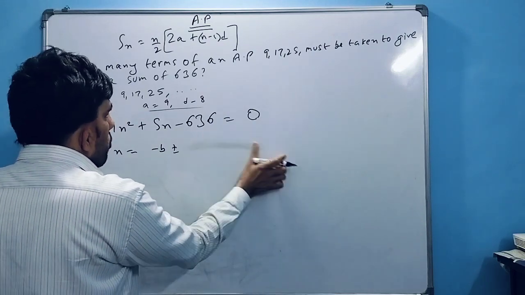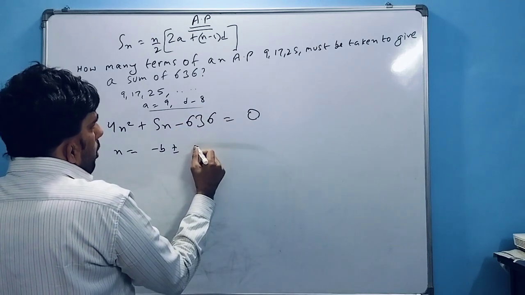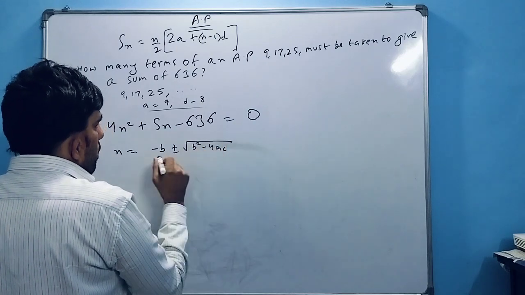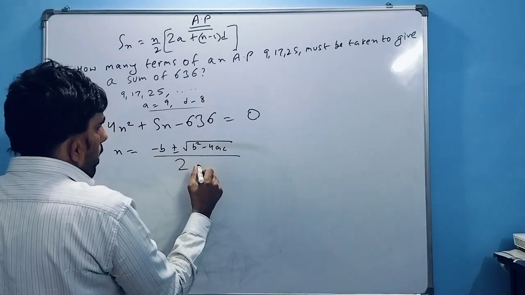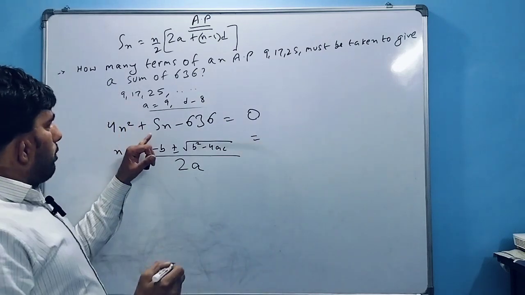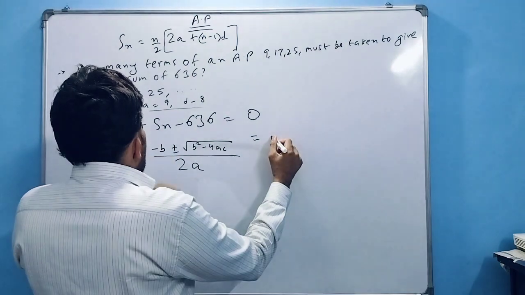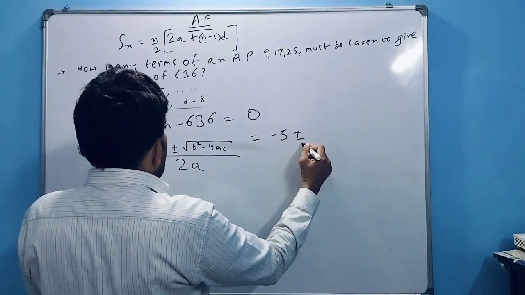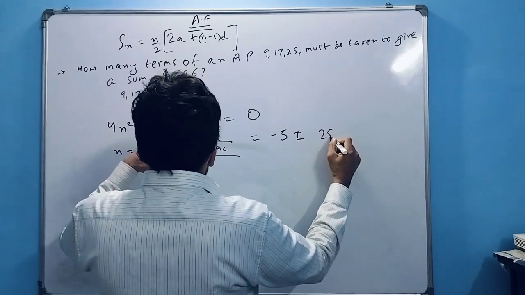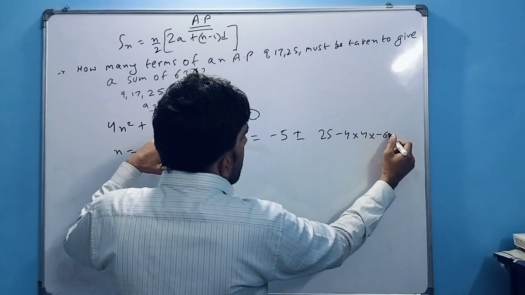First I will write the formula so that we can easily sort this out. So now I will put a value. B we have, b is 5. So we take minus 5 plus minus square root of b square, that is 25 minus 4 into 4 into minus 636 here.